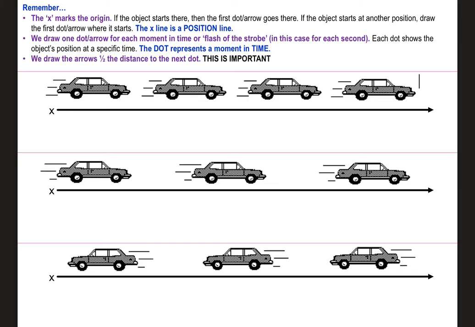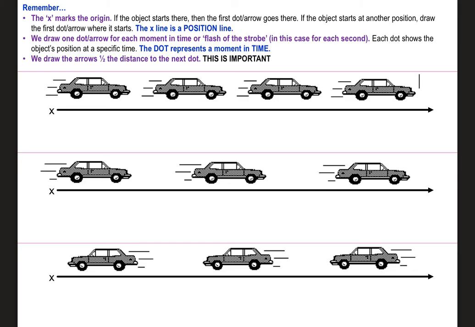Okay, so I've got 3 situations here, and the first one is at the top. I've got a car that is traveling to the right, and I have my position line there underneath. I don't have any numbers here, and that's okay. All I'm trying to do is learn how to draw here.